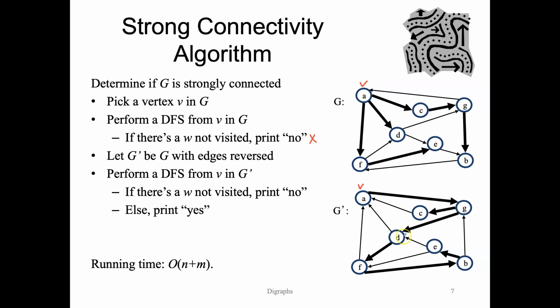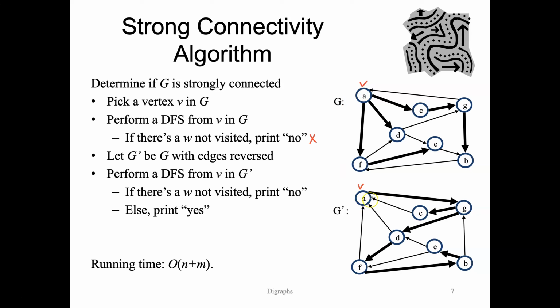So for example, vertex F can reach A because in this modified graph, A can reach F along this path, which means in our original graph, F can reach A along that path since all edges are reversed. If there was any vertex that our starting vertex couldn't reach in this modified graph, we print no. That means that in our original graph, there was some vertex which couldn't reach our starting vertex.